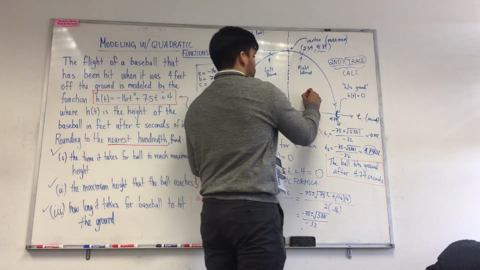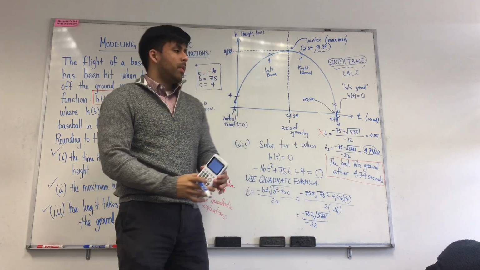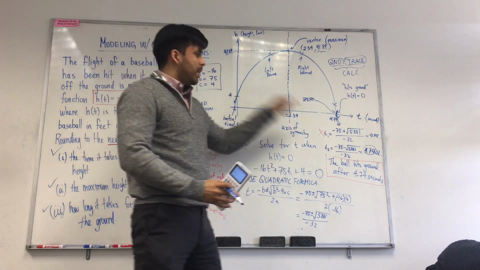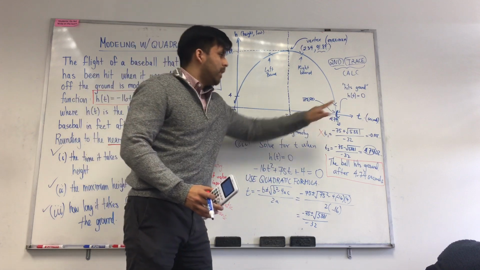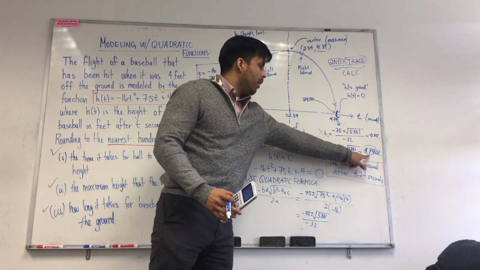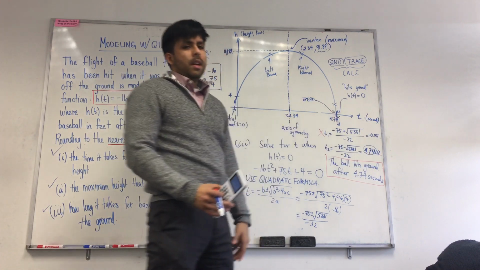We're going to use the 0 function, because this is also known as my 0, when the output value equals 0. When you press the left bound and the right bound and make a guess, you get that the answer will be 4.74000, and the y value or output value would be 0.